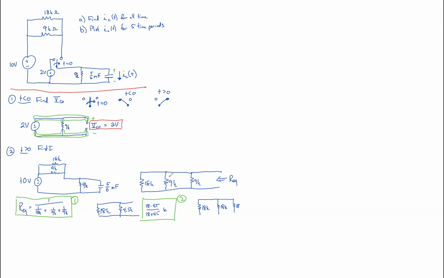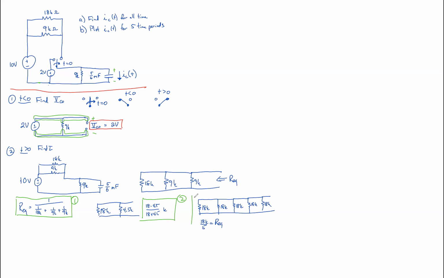These 2 18Ks is this 9K. This 9K we could create by these 2 18Ks. And so with no math at all, you can say that the whole thing is just 5 18Ks in parallel. So it's just 18 over 5K, and that's our REQ.